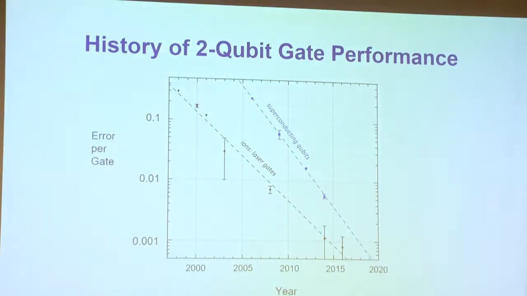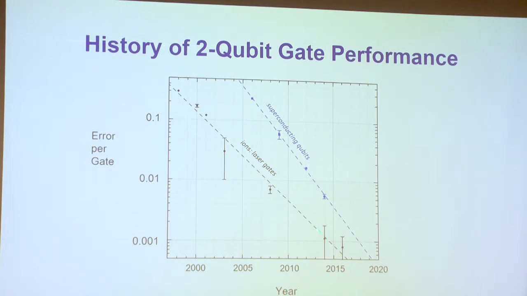Okay, so to back up my point that these two technologies are really interesting now, if we look over time, the performance of the entangling gates that allow you to interfere and make entanglement between qubits has been improving dramatically over the last few decades, and depending on the system, we can hit 99+% fidelity operations.